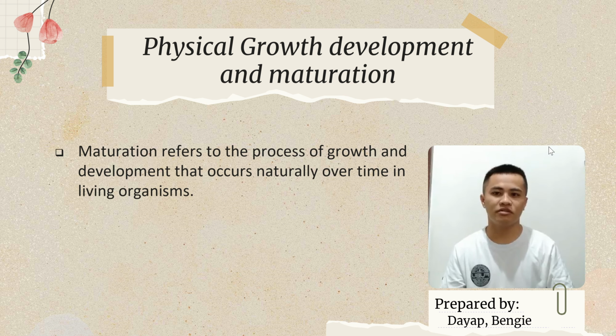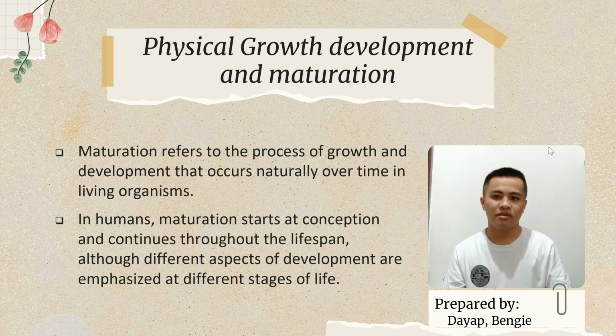Maturation. Maturation refers to the process of growth and development that occurs naturally over time in living organisms. This process is guided by genetic, environmental, and other factors and typically leads to an increase in physical, cognitive, emotional, and social capabilities.